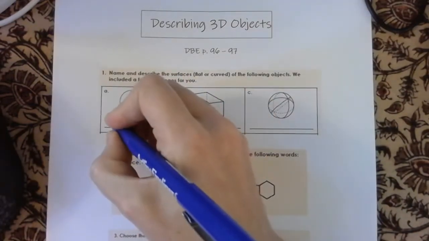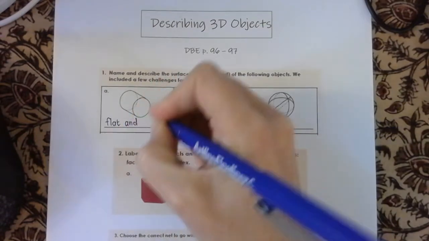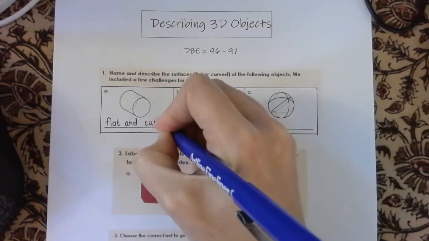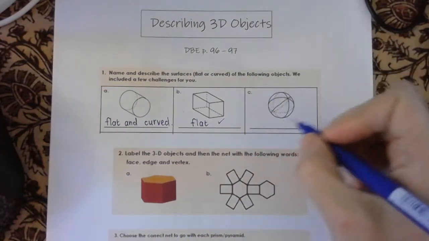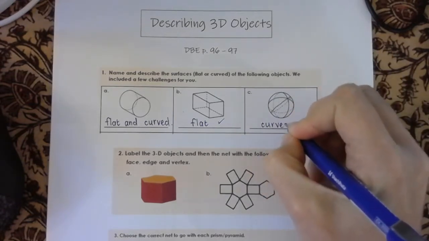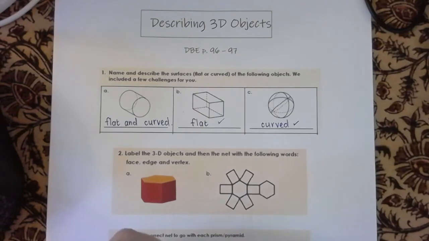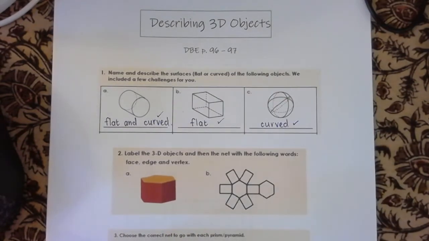So here you will say flat and curved. And then when we have a sphere or a ball like that, we know the surfaces are curved. So I've done 3 for you as an example. So I want you to answer the rest of them.